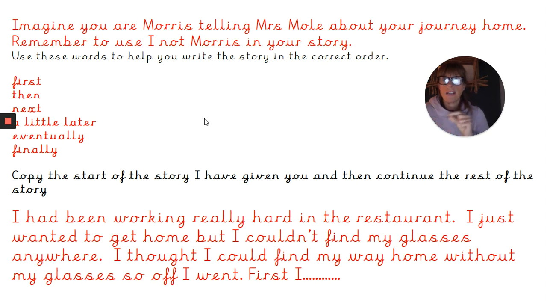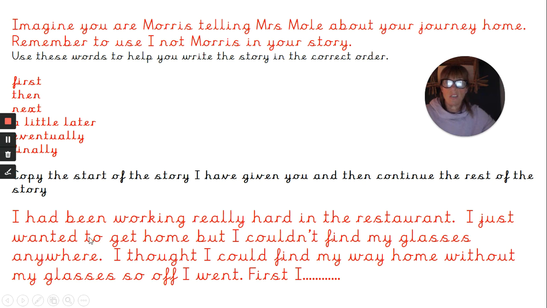So you're going to rewrite the story of Mrs. Mole, I'm Home, using I, pretending you're Morris, and then you're going to use all of these time words to help you put the story in order. First, then, next, a little later, eventually, finally. So those words will help you tell the story of Morris's journey.